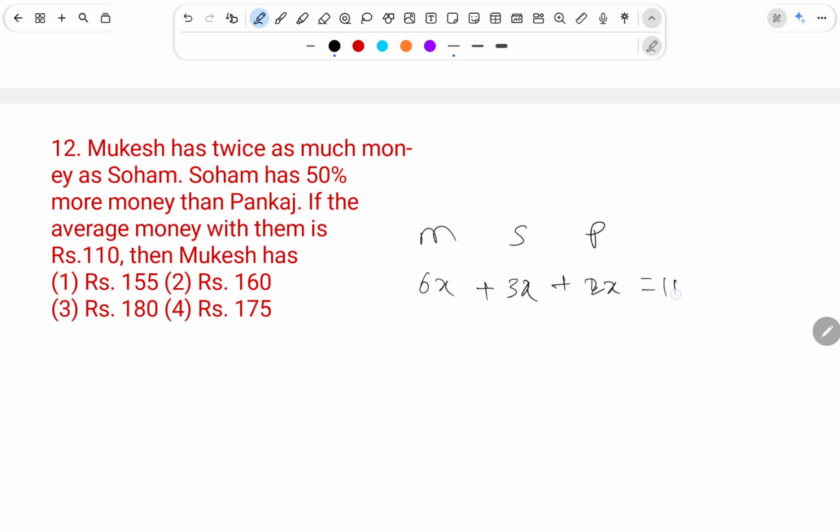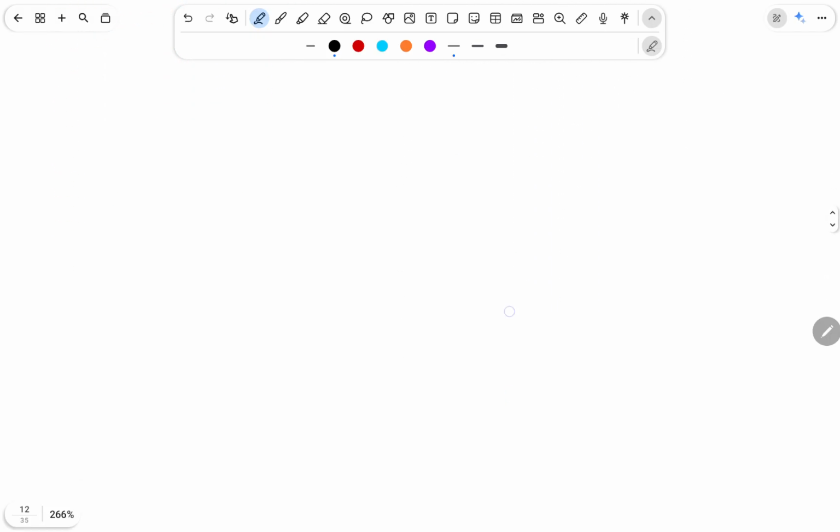If I transpose to the right-hand side, 110 into 3. 6 plus 3 plus 2 is 11 parts. 11x is 110 into 3. Then Mukesh's 6x is 6 by 11 into 110 into 3. 11 tens, 180. 180 is the amount.